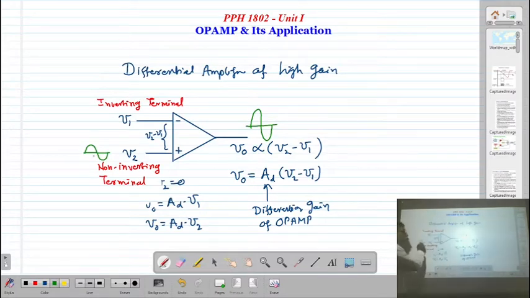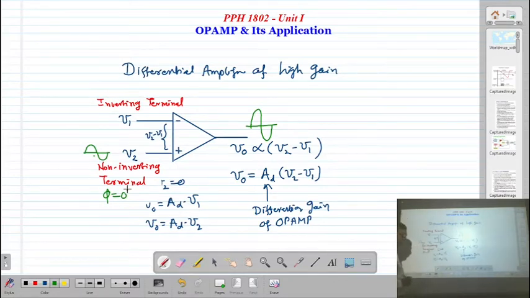Means my input signal and the output signal both will be in the same phase. There will not be any inversion. Only the amplification will take place, but the phase will remain as it is. So when you apply the signal to a non-inverting terminal, you will get a phase difference of 0 degree.